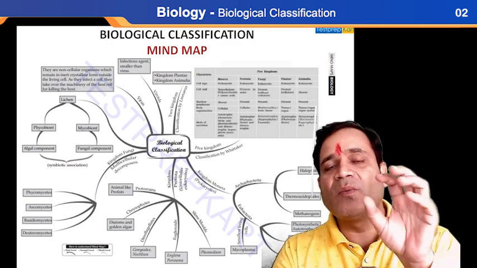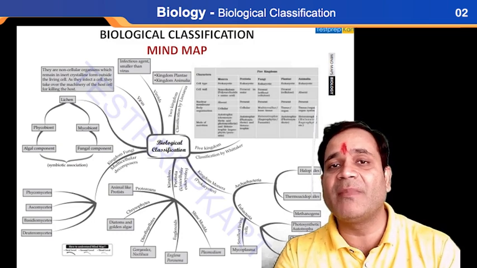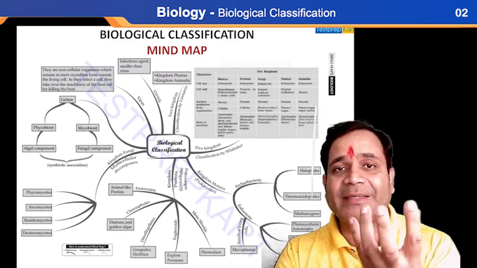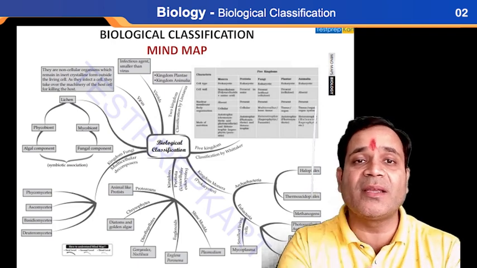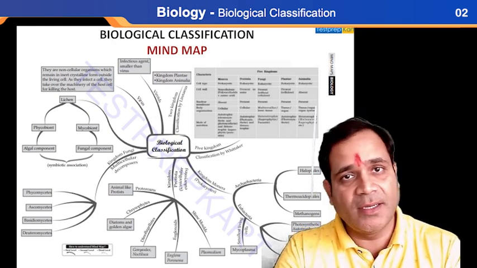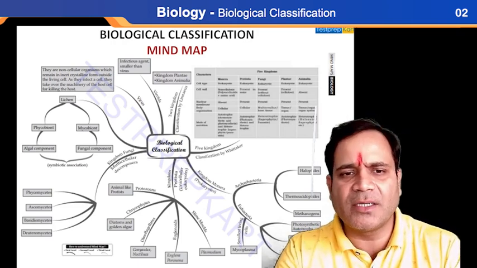Once you have completed your topic, you go through the mind map, and it gives you short, quick information, a quick revision of this chapter. Clear? So if you want a quick revision, just come with me.